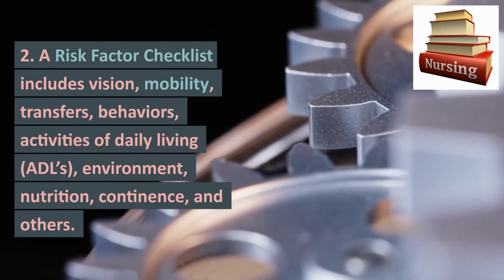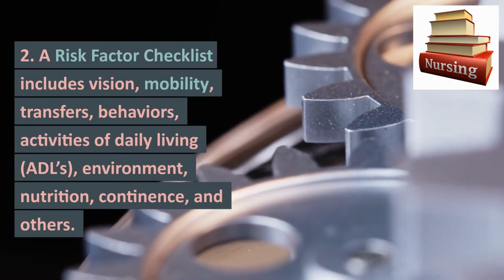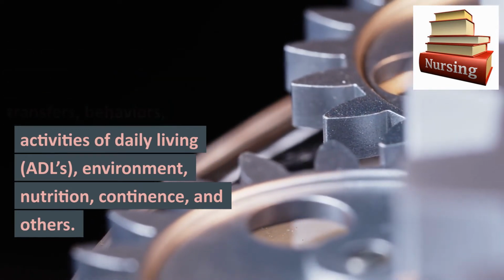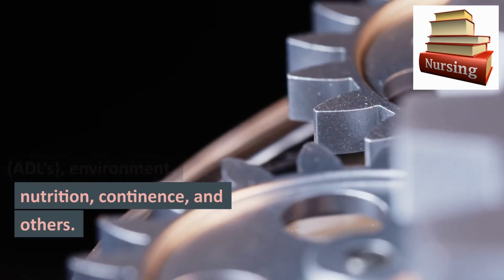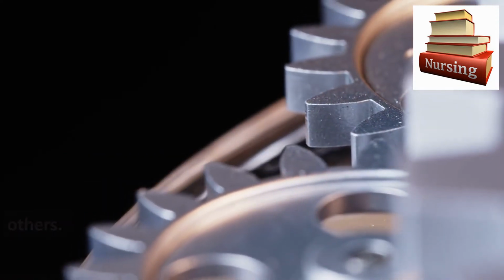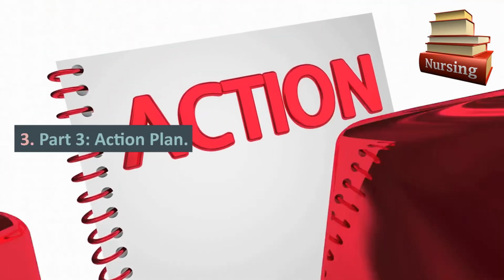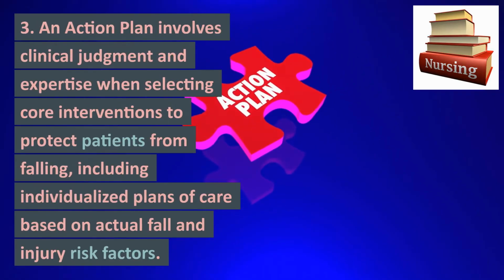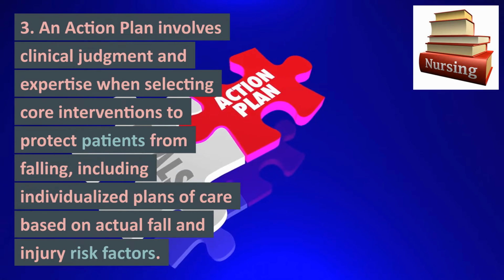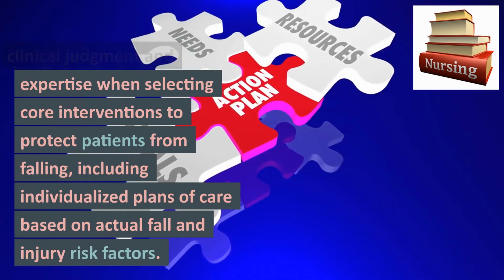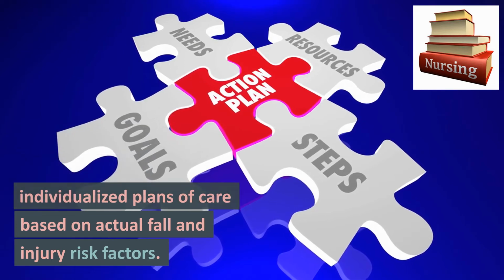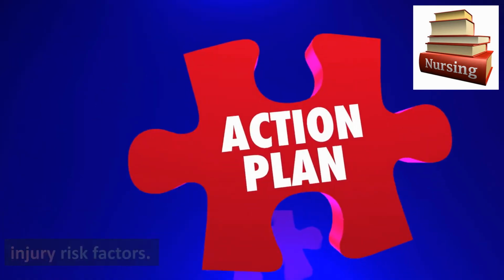A risk factor checklist includes vision, mobility, transfers, behaviors, activities of daily living, ADLs, environment, nutrition, continence, and others. 3. Part 3, Action Plan. An action plan involves clinical judgment and expertise when selecting core interventions to protect patients from falling, including individualized plans of care based on actual fall and injury risk factors.